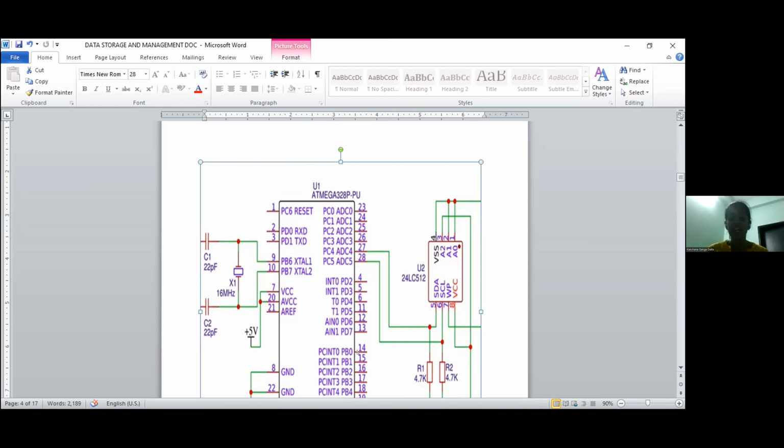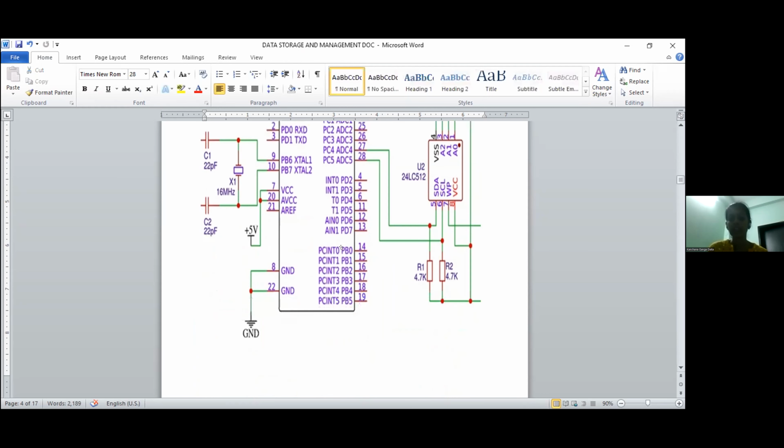After that, there are some analog inputs, AIN1 and AIN0, and these are the transmission and receiving pins, PD0 and PD1. And next, when we connect to our system, we have other input pins. They have been connected to PB, PC, PD. Just for clarification, it is B block, C block, and D block.